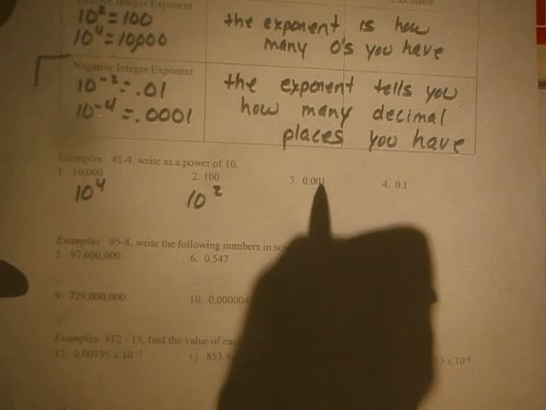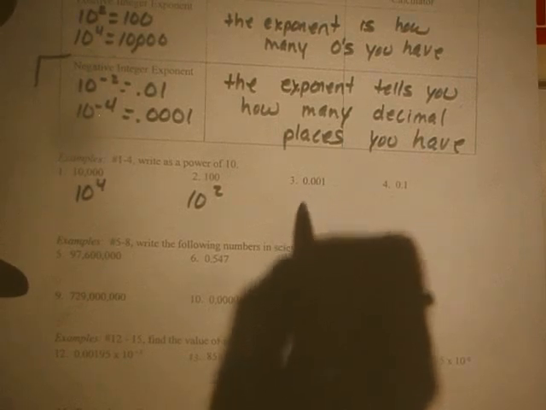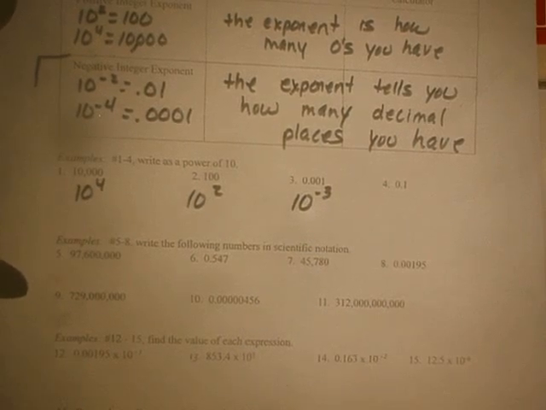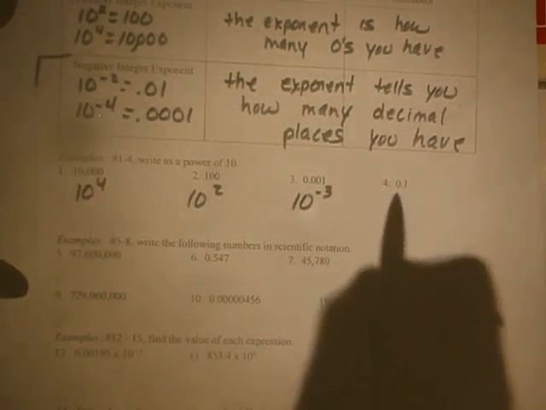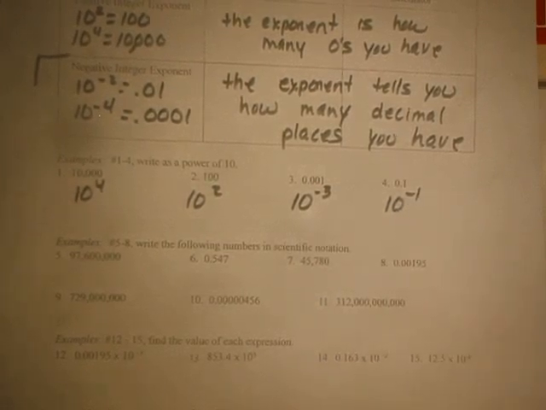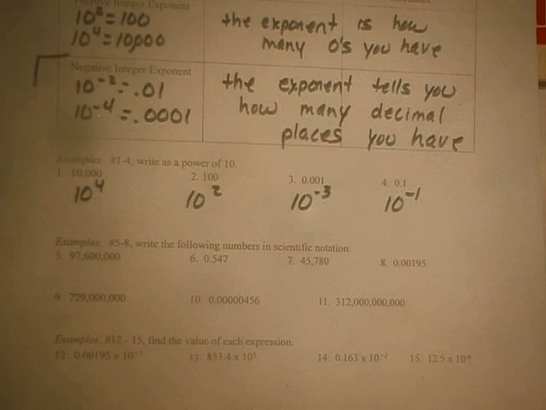Number 3, there are 3 places. That 1 is in the third place, so that would be 10 to the negative third. And this one has 1 decimal place, so that would be 10 to the negative first.